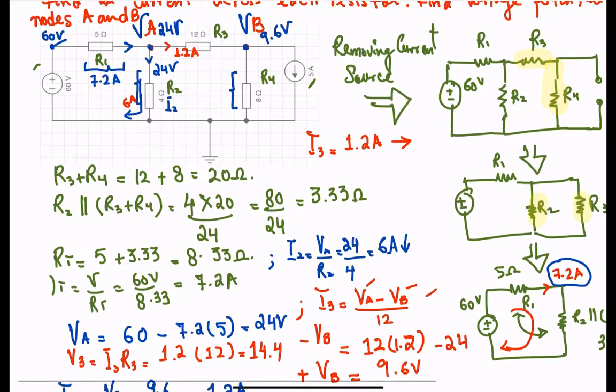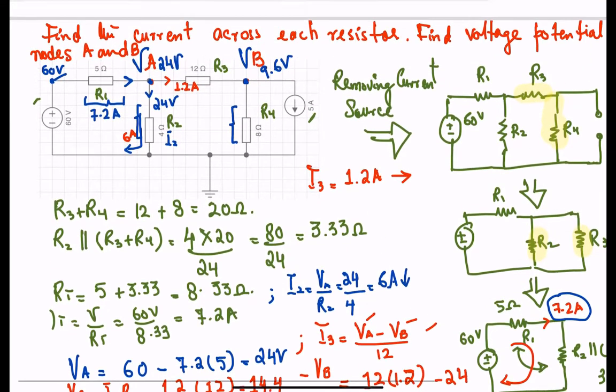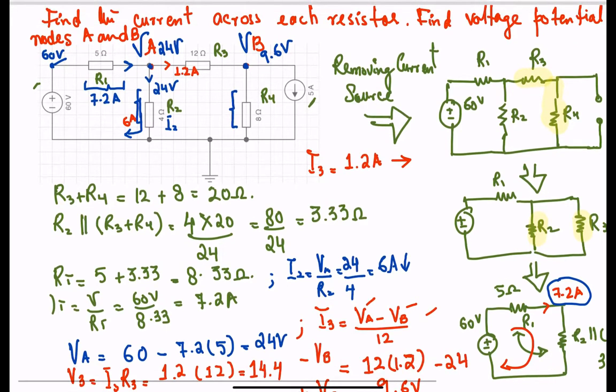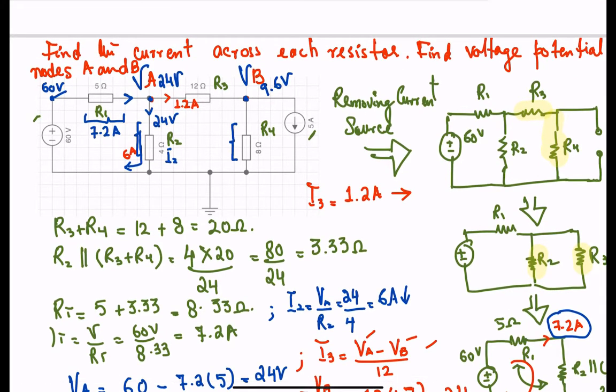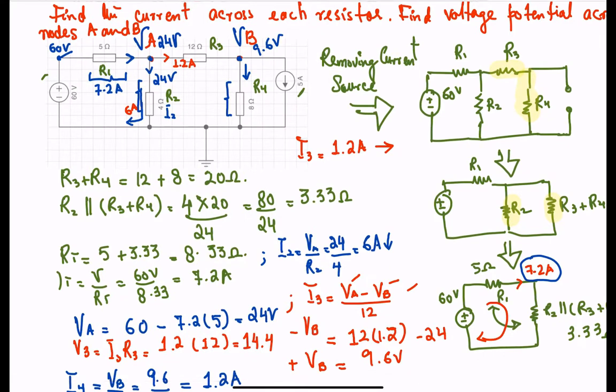The direction of this current is going downward like this, because you have the higher potential over here.